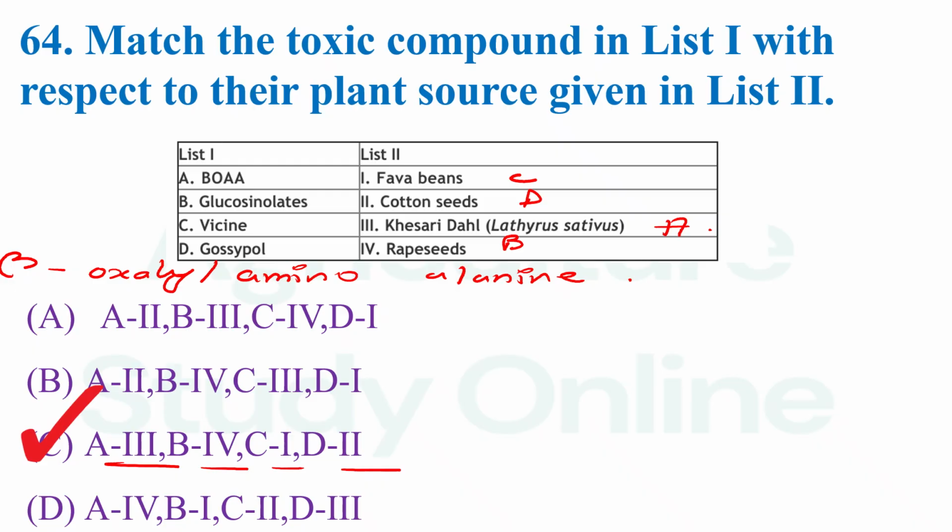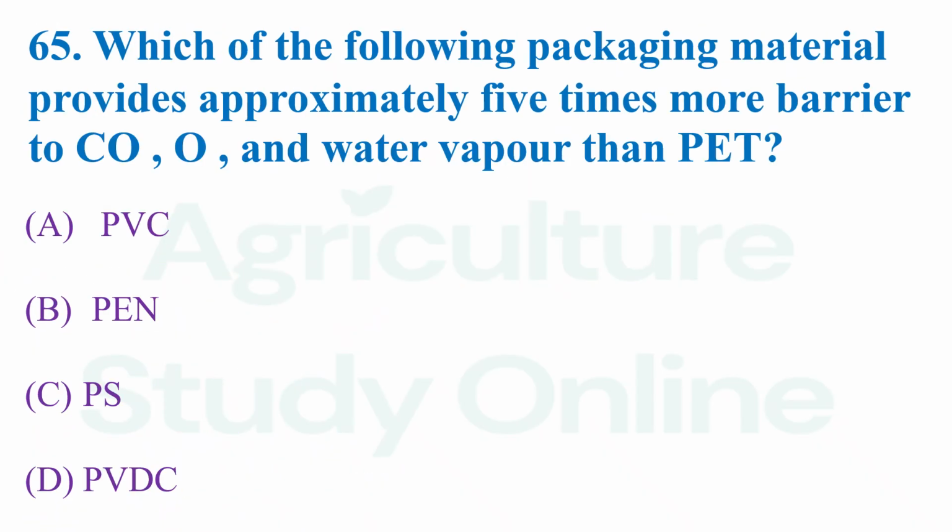Question number 65. Which of the following packaging material provides approximately 5 times more barrier to carbon dioxide, oxygen and water vapor than the PET? So first one, that is PVC. So PVC, it has a moderate barrier property and it is used in films, bottles.